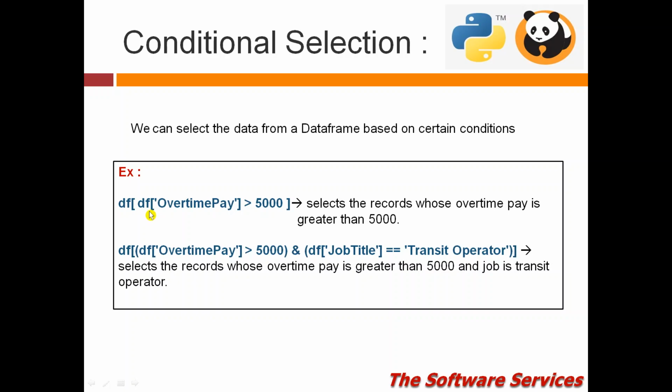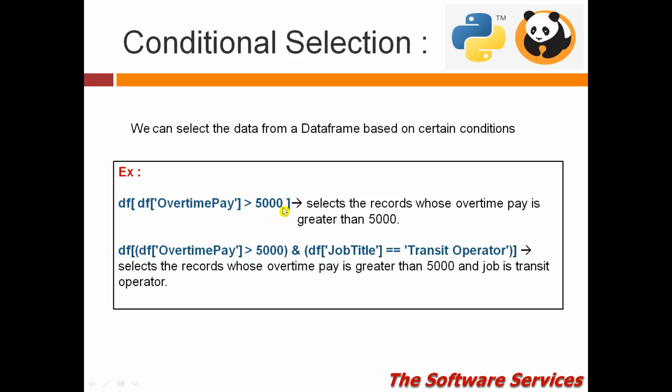How to select? df of square brackets, you need to pass the column name. So the overtime pay column was selected. In that particular column, you need to check each and every value whether that value is greater than 5,000 or not. So you need to write the greater than symbol and then 5,000.